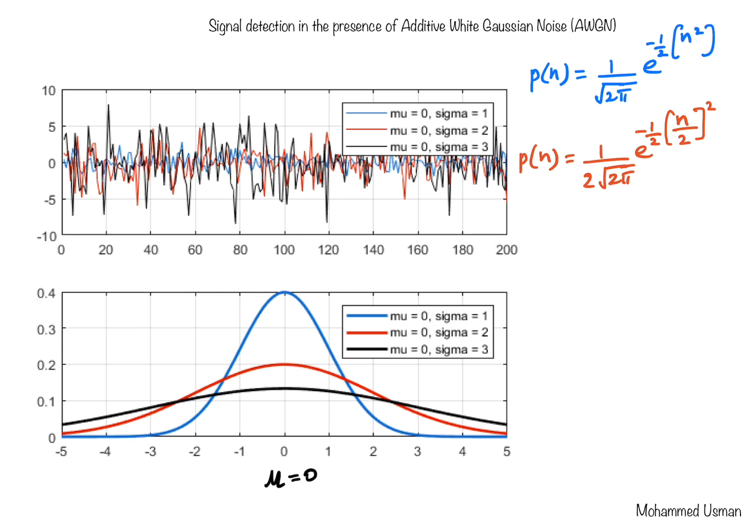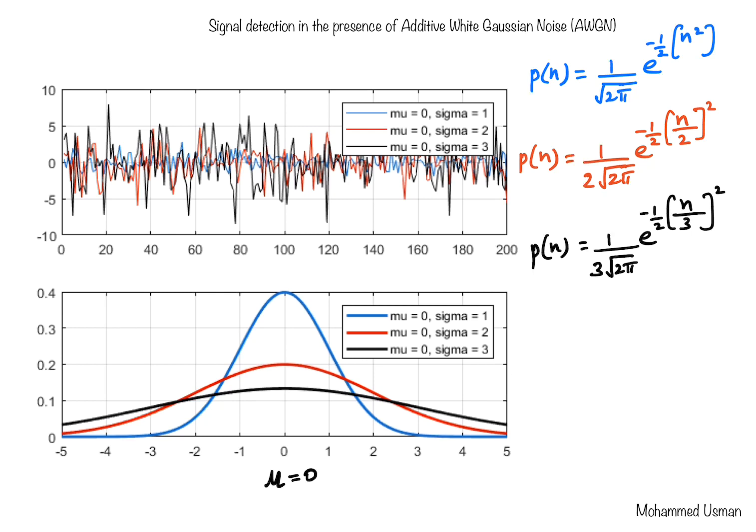That is the expression for the red distribution. And for the black distribution, which has the highest standard deviation, sigma is 3, so the PDF is 1 by 3 root 2 pi e power minus half into (n minus 0 by sigma) the whole square, which is n by 3 the whole square.